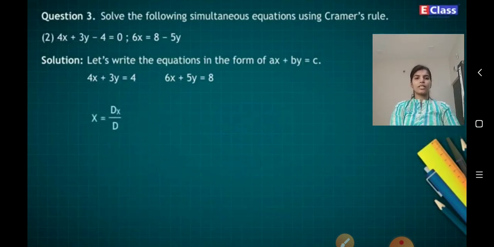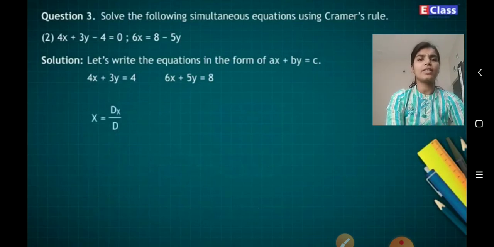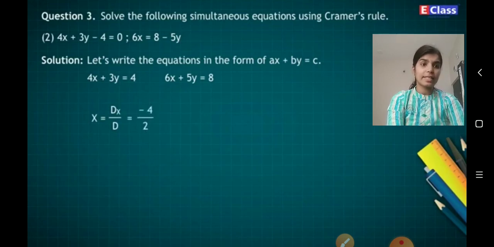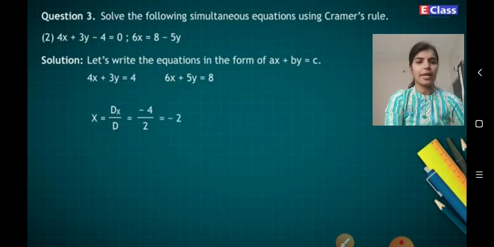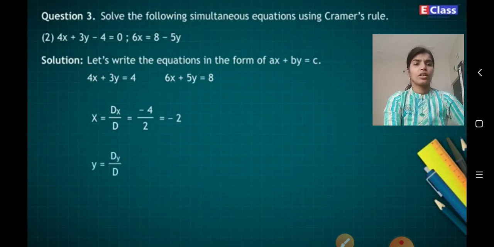Now we want to find the values of x and y. For that, x is equal to Dx upon D. You know the value of Dx is minus 4. So minus 4 upon 2. So the value of x is minus 2. Then we find y. y is equal to Dy upon D, and your Dy is 8.